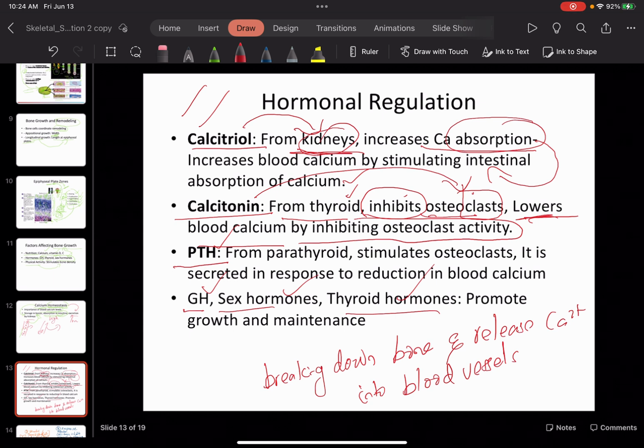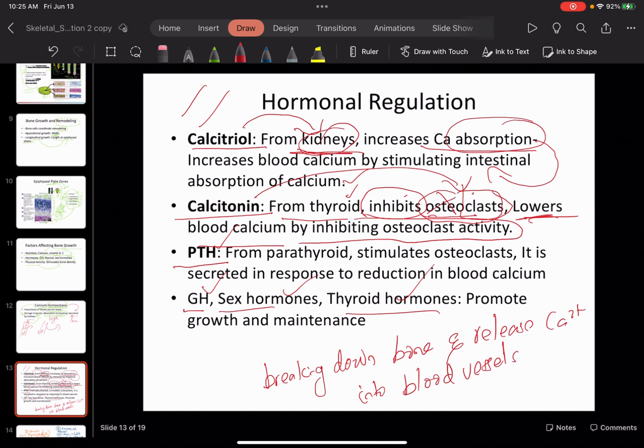So what happens? They lower the blood calcium. Osteoclasts break down the bone and release the calcium into the blood vessels. If you have too much already, you don't need to do that. So somebody has to prevent osteoclasts from coming and doing their jobs.